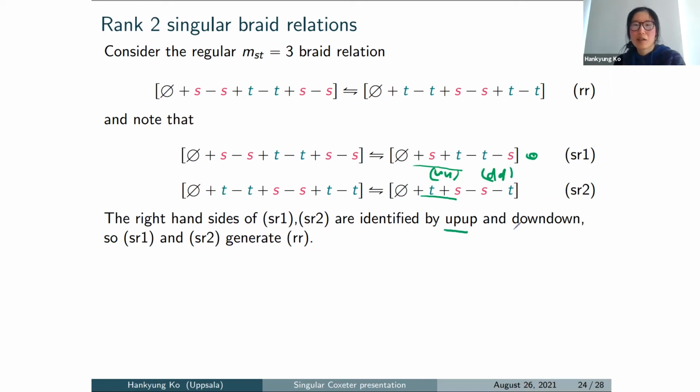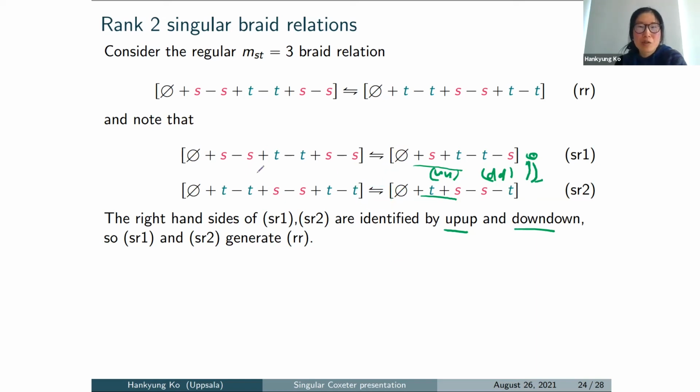So we already know these relations, up and down, and we know that this equivalence follows from this up and down we already recorded. That means we don't need to add this into our generating set. Instead, we can add these two, which are in some sense more efficient.